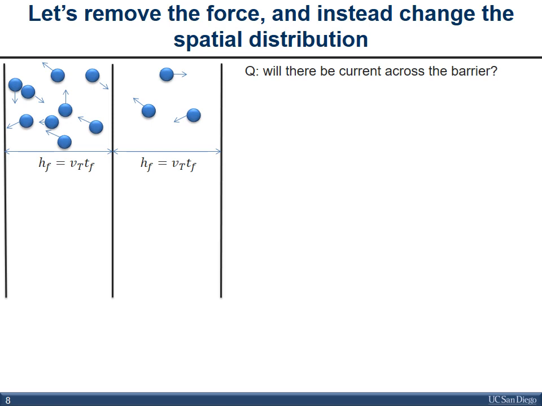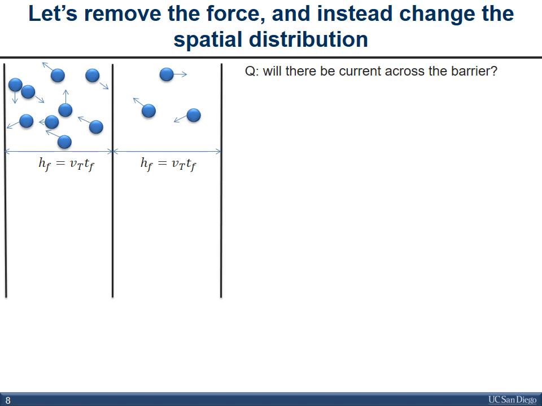In the previous slide, we discussed what happens to these particles if there's a force applied to them, and we were able to derive what we call the drift velocity of these particles. Now, if we were to remove the force from the picture, but instead rearrange the particles so that there's a spatial distribution of these particles, we will also get some sort of velocity.